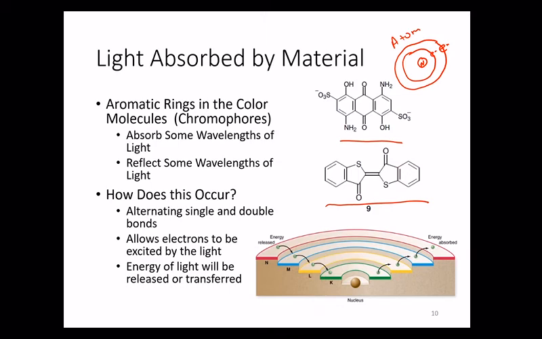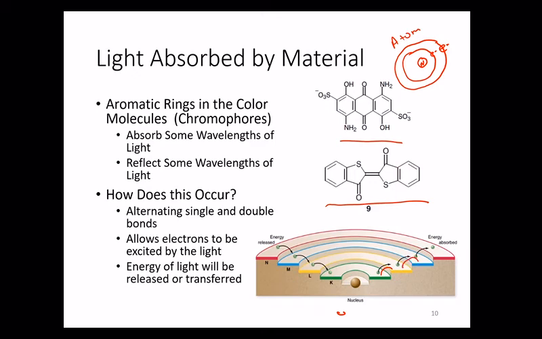Okay? And so that's what we're looking at on the bottom here, is our electrons are being shuffled out as they absorb light. So the energy that's in that particular wavelength, if it has the correct amount of energy, will cause it to move up to the next level. Okay? So it'll jump up one level.